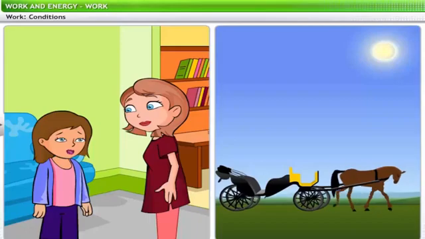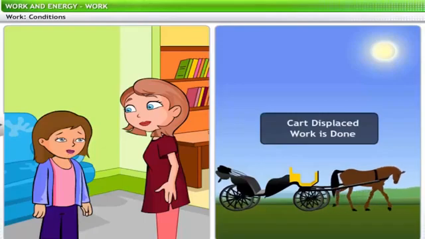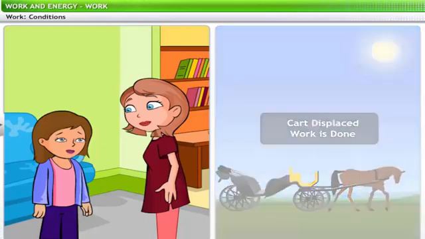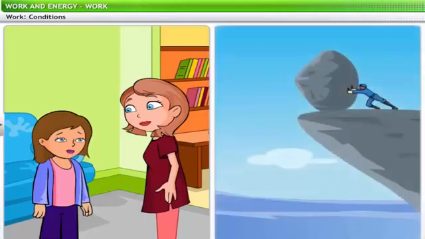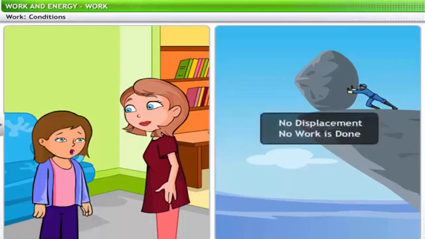As there is displacement of the cart in the direction of the force, we can say that work has been done. Finally, in the third case, the man applies force to move the rock, but clearly the force is not enough to move the rock. Since there is no displacement in the rock's position, no work is done. Is that right?